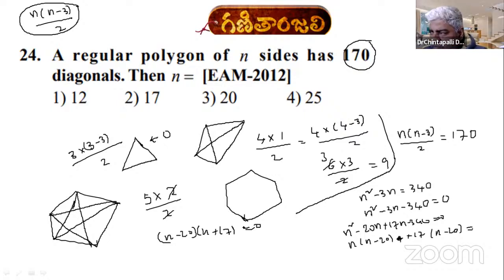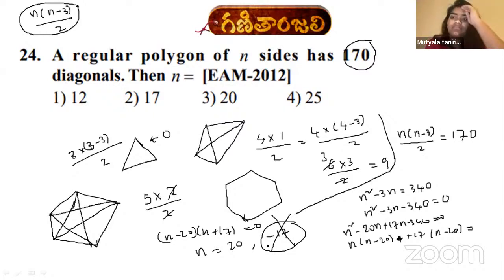Which means n is equal to 20 or minus 17. Minus 17 is ruled out because n must always be positive. That's why the answer is 20.